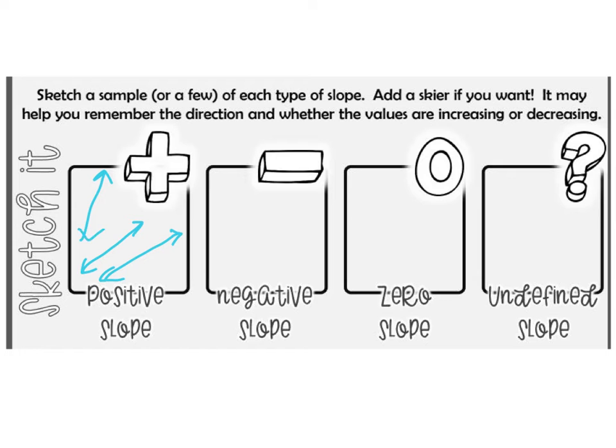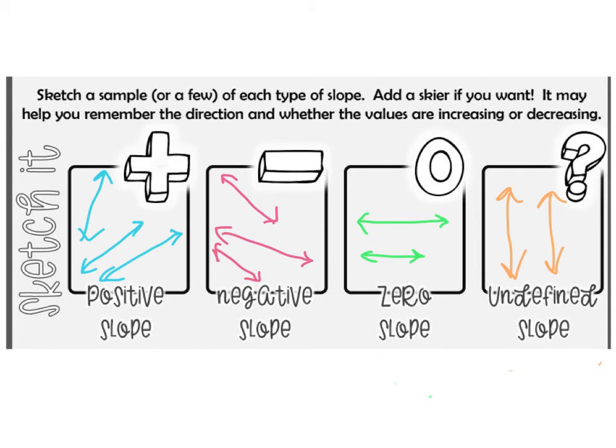You just need to draw lines that show positive, negative. They can be however you want, as long as they show negative. Okay, so for 0 slope, you would just have horizontal lines. And for undefined, you would have vertical lines.